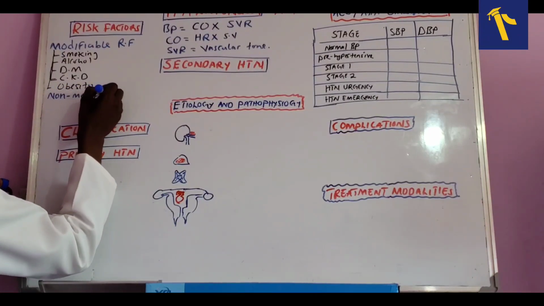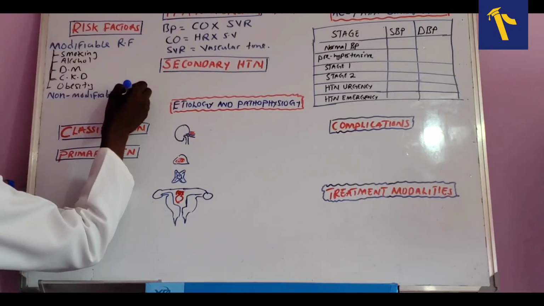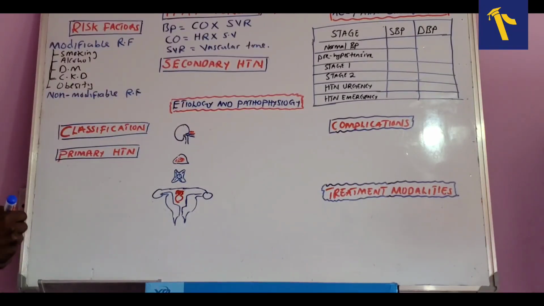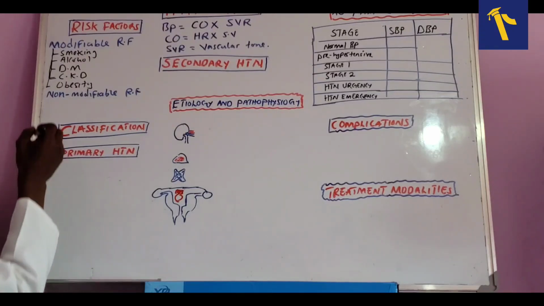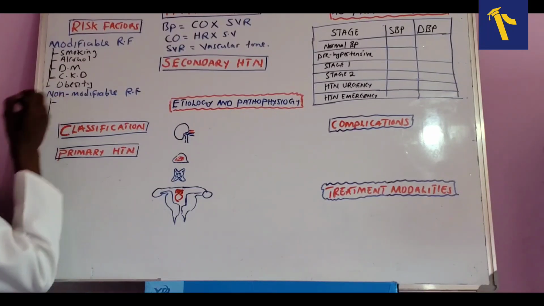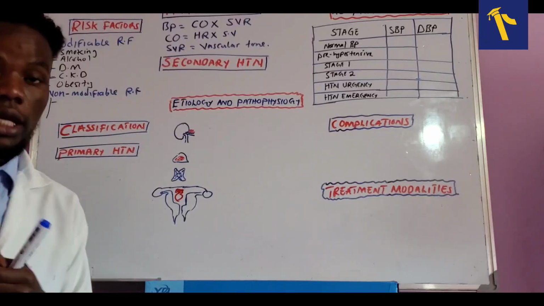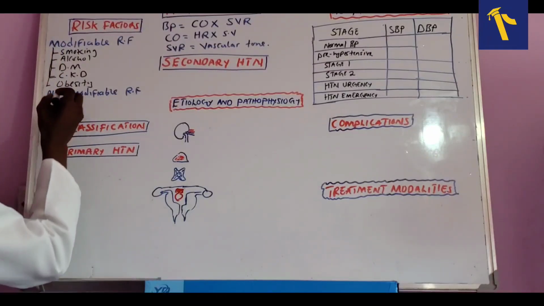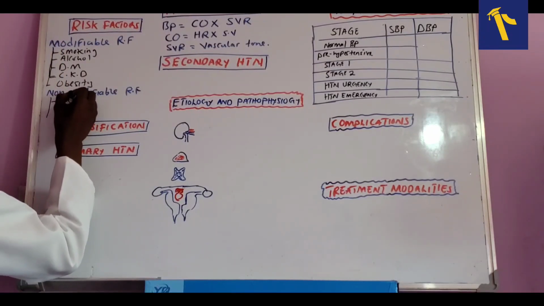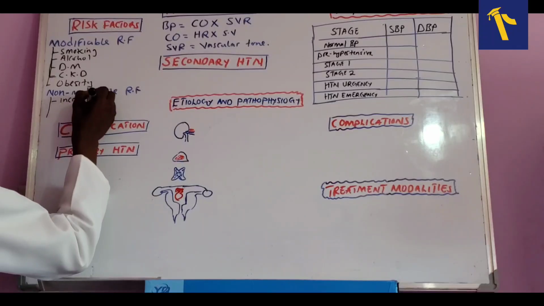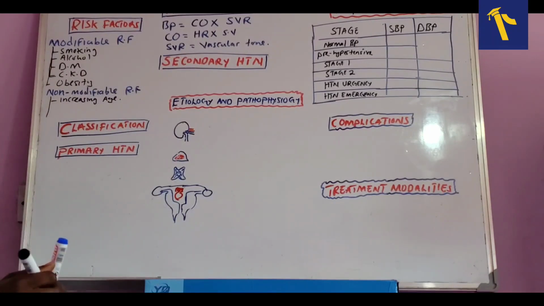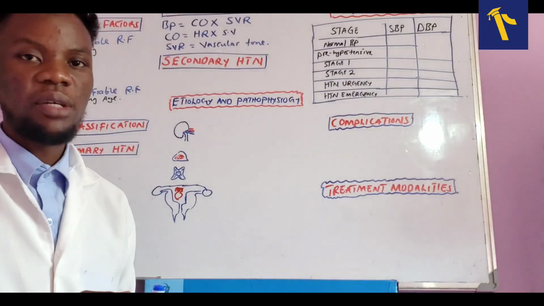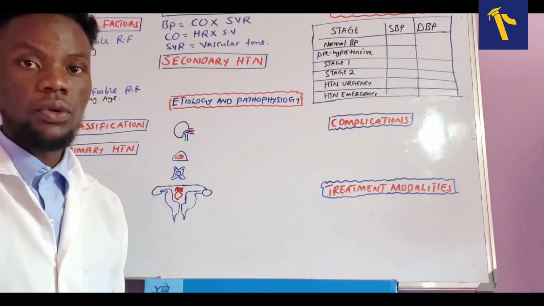Non-modifiable risk factors are the factors that we can't change. I'll just pick age, so we can just say increasing age. It is one of the non-modifiable risk factors, because you can't change the age of someone.